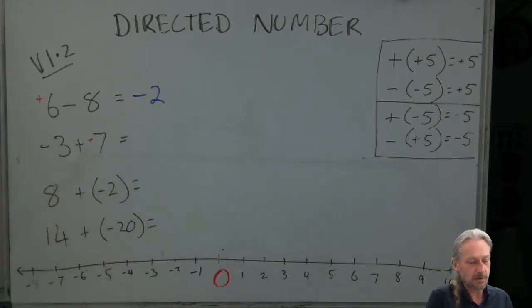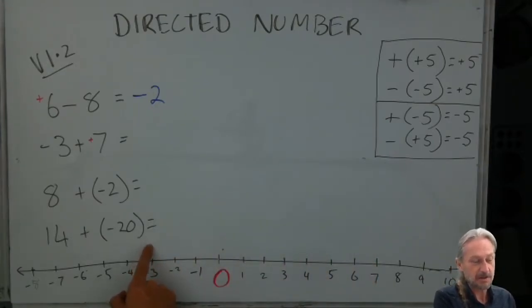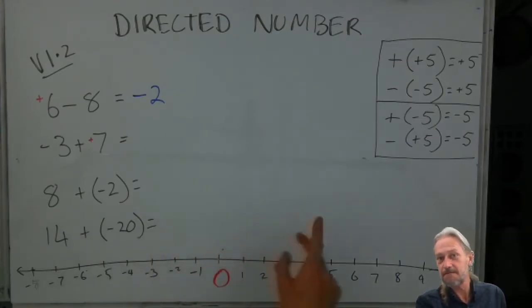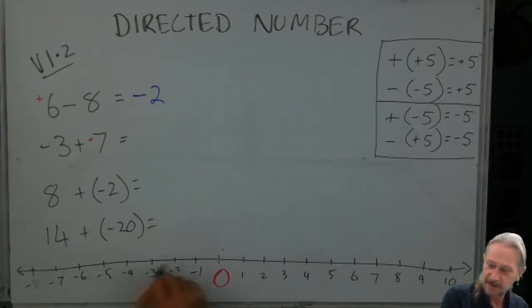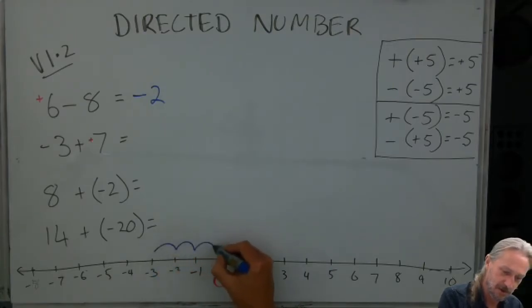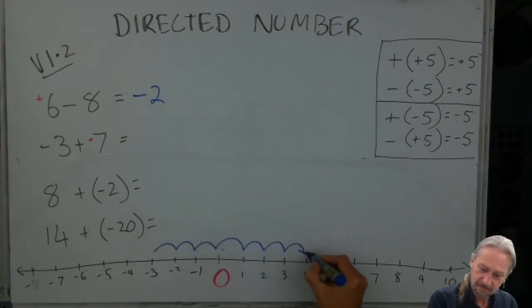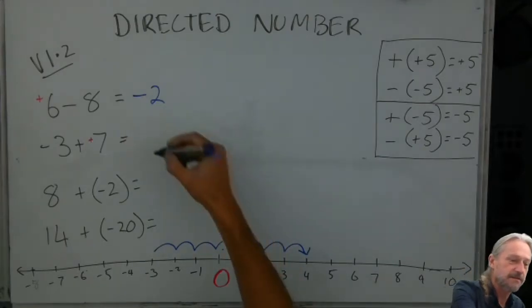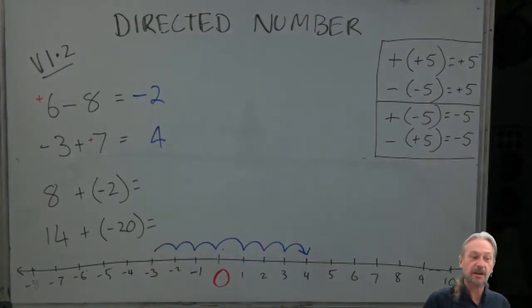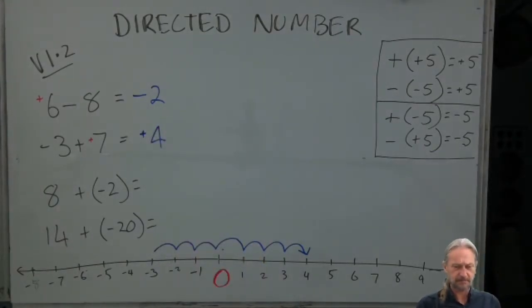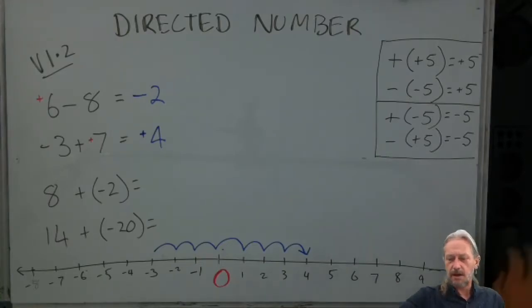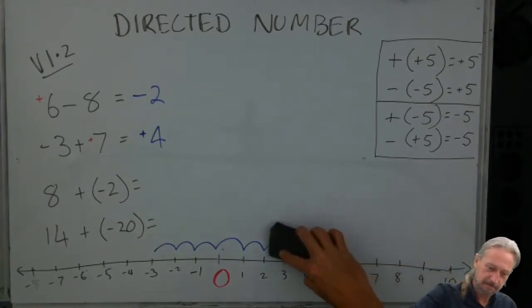Because we're adding, we would be facing the positive direction, and we're adding a positive number, so we walk forward in this direction. So we start at -3 and jump 7 spaces in the positive direction. 1, 2, 3, 4, 5, 6, 7, and we end up at +4. So to write it like that, just for now, I'm going to put that positive out the front. Okay, the next one.